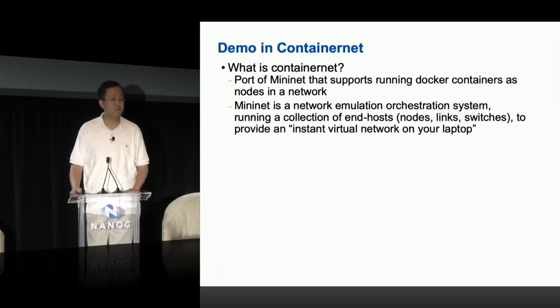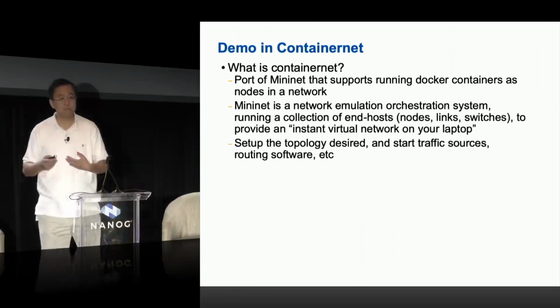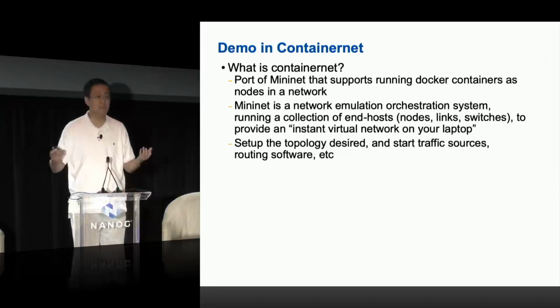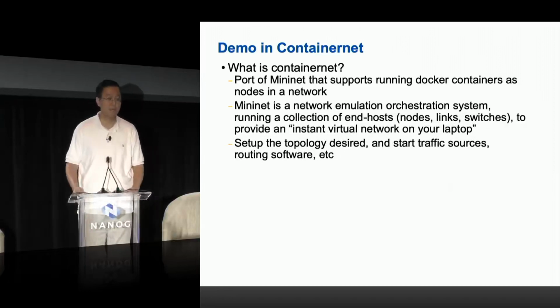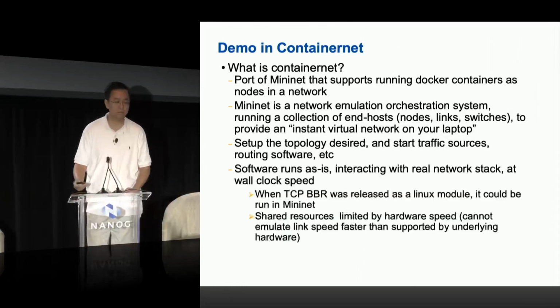And it uses veth pairs, virtual Ethernet pairs, to emulate links, right? So it has a Python API that allows us to create a network from scratch and set up the links and the switches. The switches are usually implemented by running an OpenFlow controller so that the switch element is a learning switch.